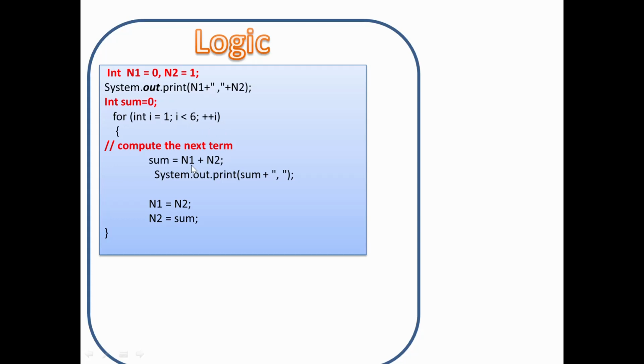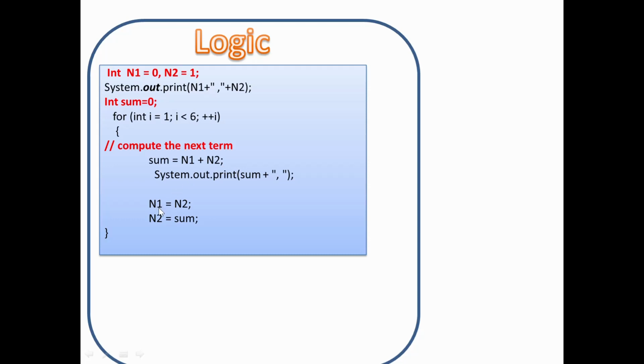So whatever the value is in n1 and n2, I will add and put it in the sum variable. Whatever the value is there, I will print in the console. So the first term is calculated: current value plus previous value.